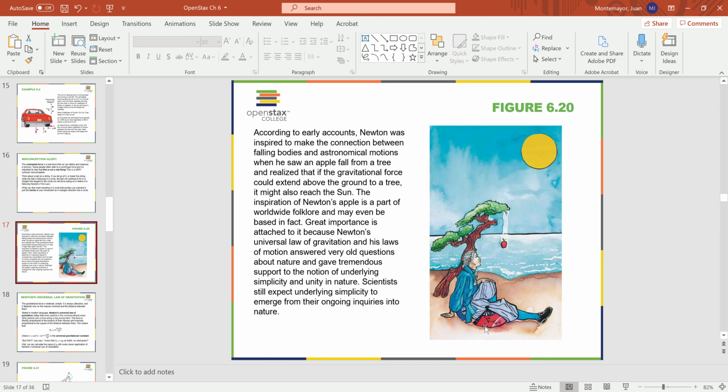Great importance is attached to it because Newton's universal law of gravitation, with his laws of motion, answered very old questions about nature and gave tremendous support to the notion of underlying simplicity and unity in nature. Scientists still expect underlying simplicity to emerge from their ongoing inquiries into nature.